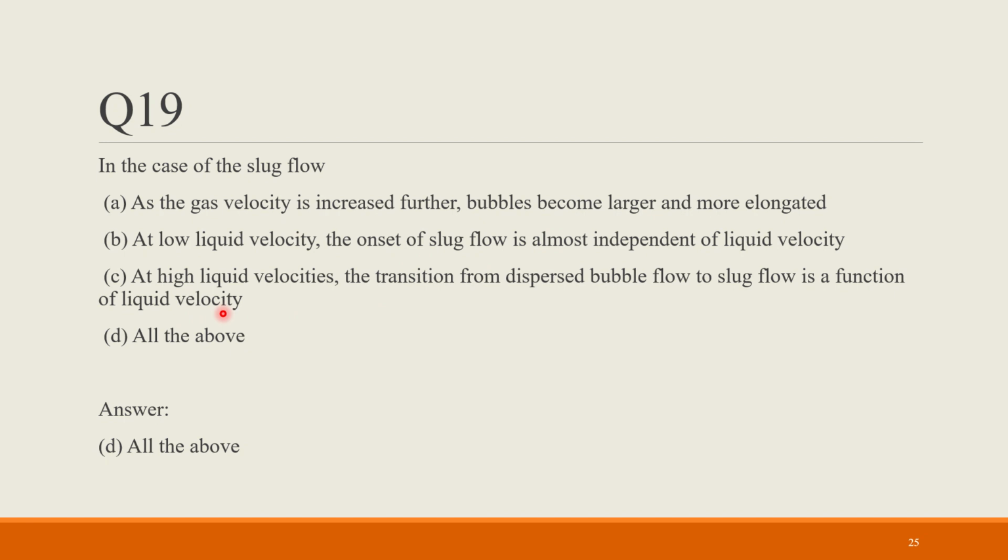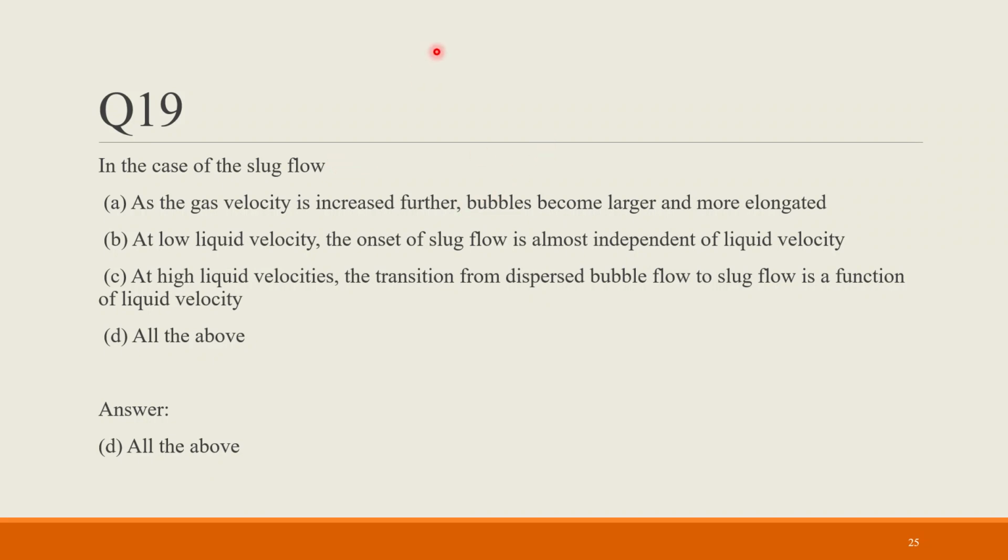Consider the case of slug flow. When does slug flow happen? When the velocity is increased very high, at some point the bubble starts forming and it grows larger and larger. So as gas velocity is increased further, bubble becomes larger and more elongated. This is true.